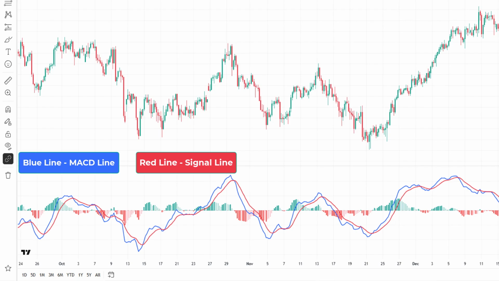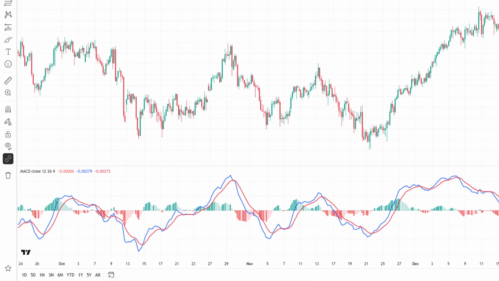The signal line reacts more slowly and is used to generate trading signals. Here's how it works. When the MACD line, which is the blue line, crosses above the signal line, traders often view this as a bullish signal. When the MACD line crosses below the signal line, traders often view this as a bearish signal.